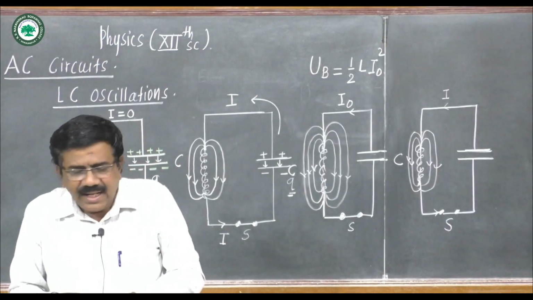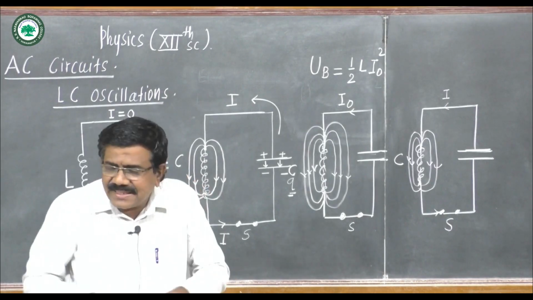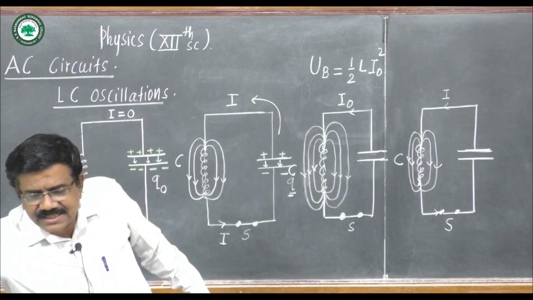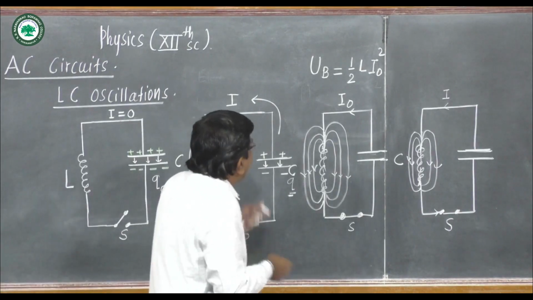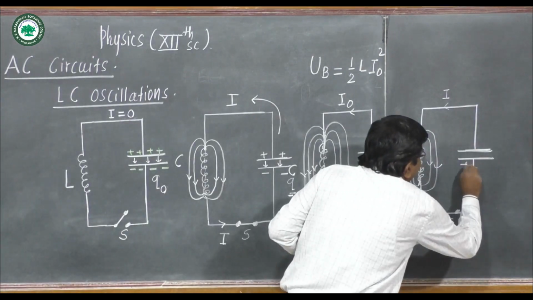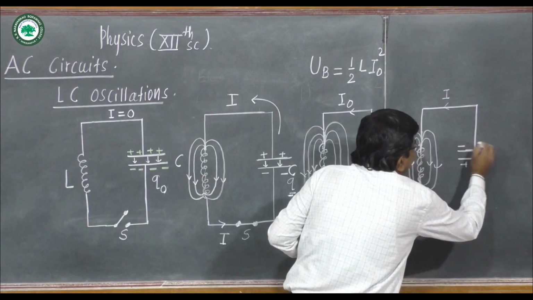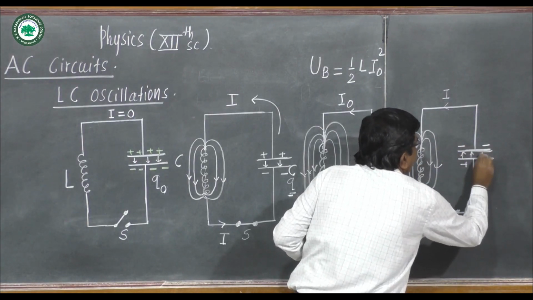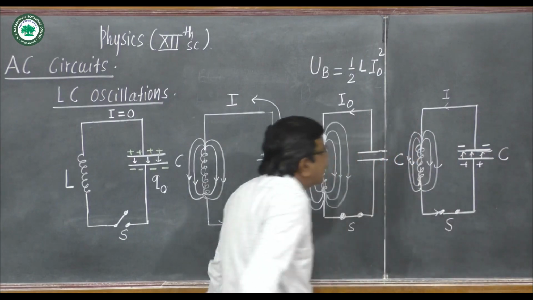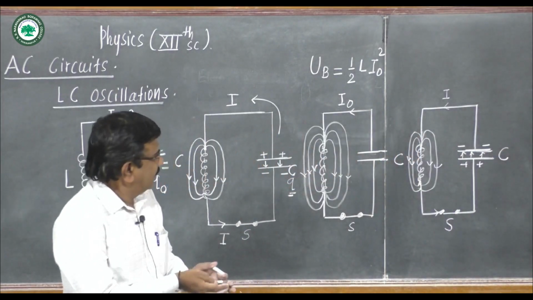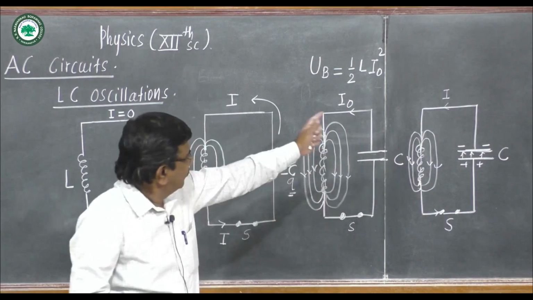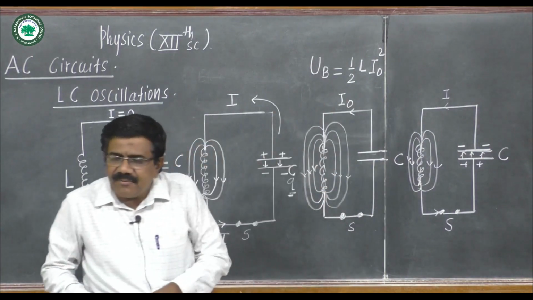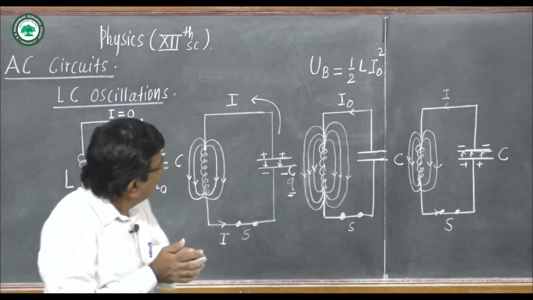Current goes on decreasing and it charges the capacitor in the opposite direction. It means this is plus and this is minus. When the capacitor is fully discharged, the total energy here is magnetic field energy 1/2 L I0 square.